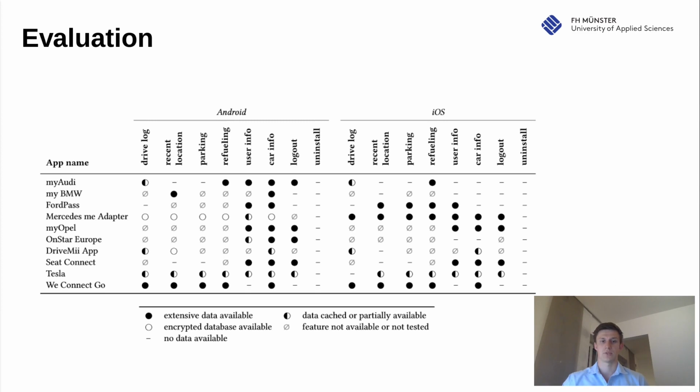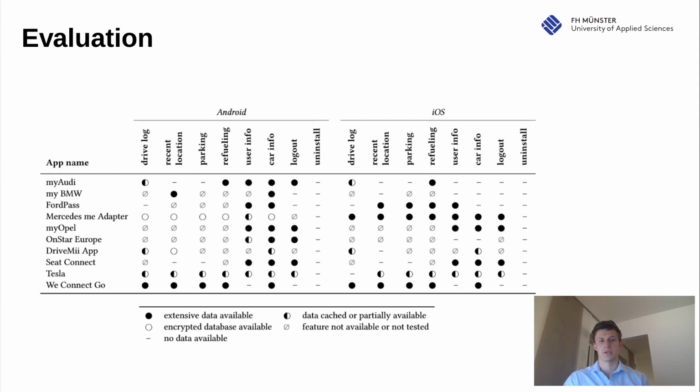The difference was that the drive log of the iOS version was cleared after we logged the user out of the app, but this logout process made no difference for the Android version. In the Android version, the data we could reconstruct before was still stored in the database after we logged the user out. Furthermore, we missed some data in the iOS version of the Audi app, which we could find in the data stored by the Android version.